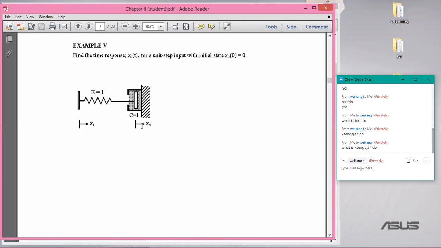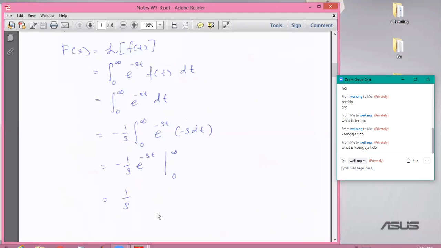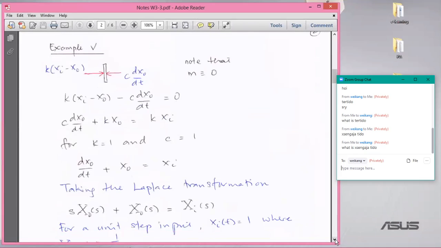Okay, so we are going to assume that the mass of the piston is equal to 0. Then we can get the mathematical model. This is the piston there.